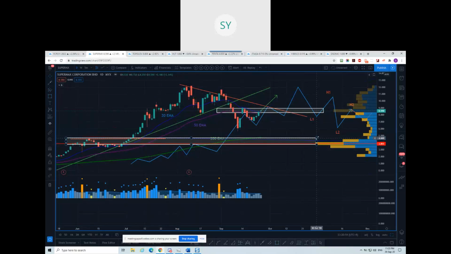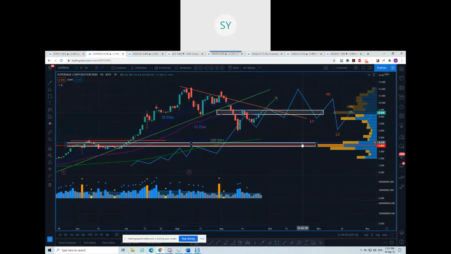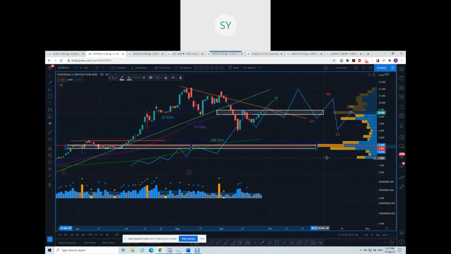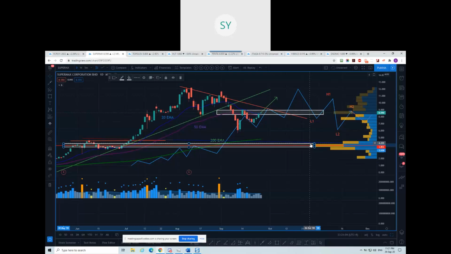When you look at the chart, this is where a lot of people are buying or supporting this price at this level. So if this price starts to break down, we need to observe whether the price will start supporting at this level. This is the worst case scenario, scenario two.